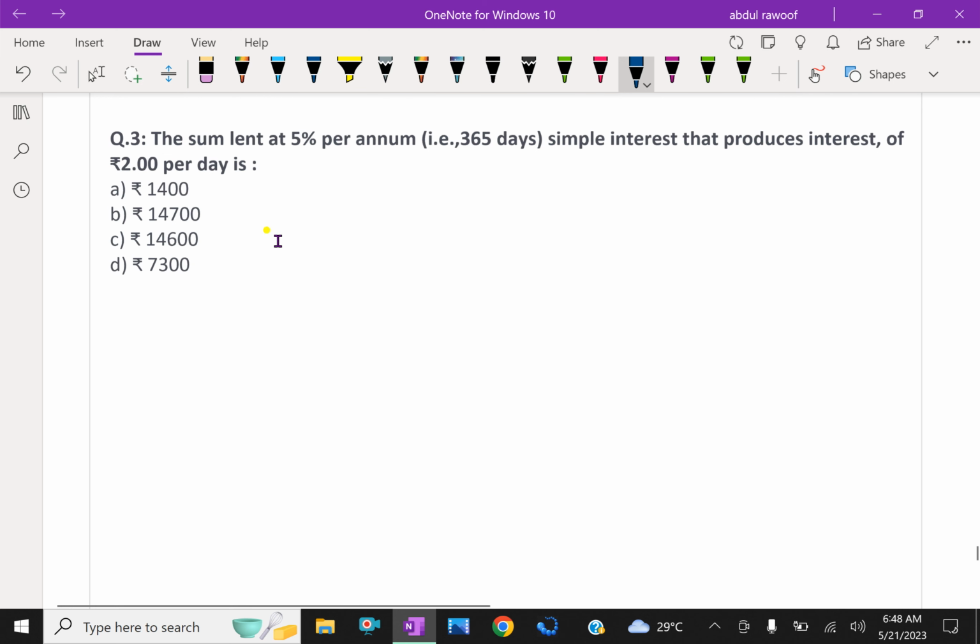Question number 3. The sum lent at 5% per annum simple interest, that is for 365 days, that produces interest of rupees 2 per day is? First, the total interest in 1 year.